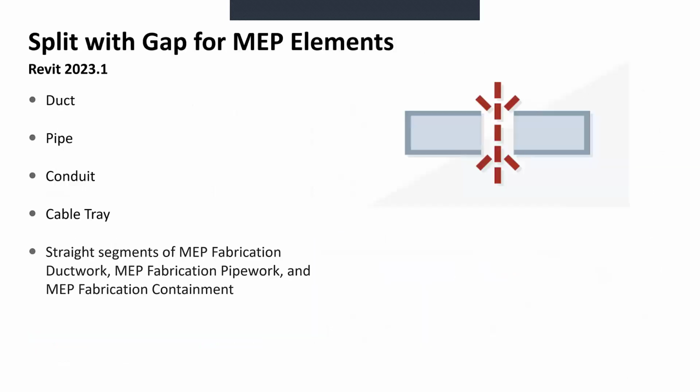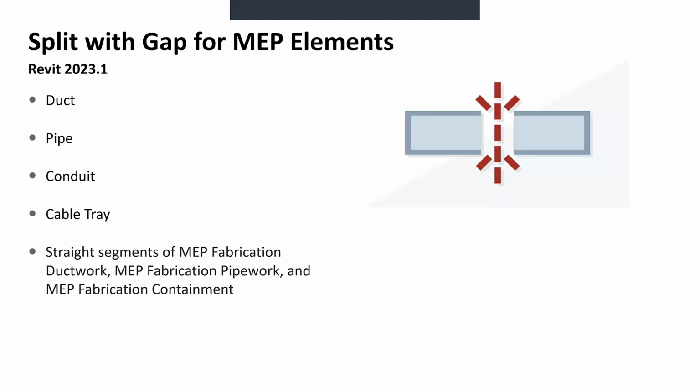And then lastly, with the 2023.1 release that was released on November 15th, they've added the ability to have the split with gap function in Revit work with many of the system families for MEP: duct, pipe, conduit, cable tray, even some of the fabrication stuff.